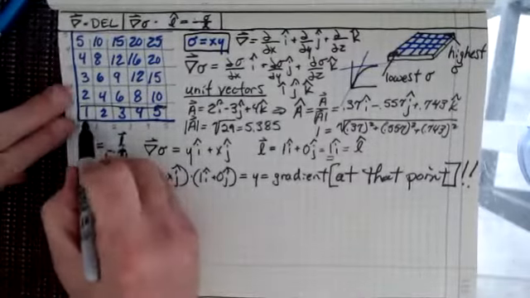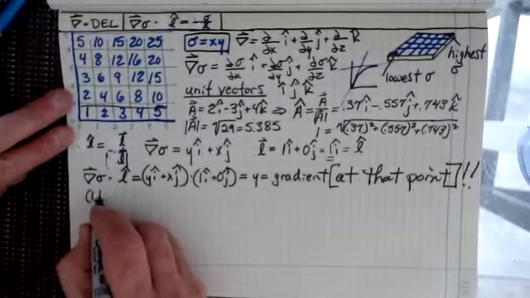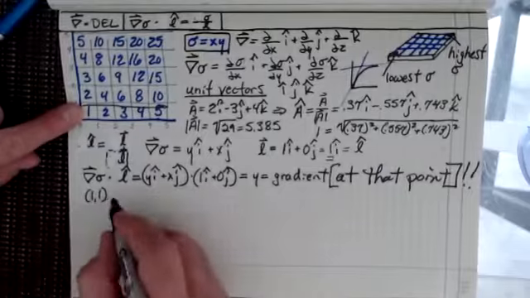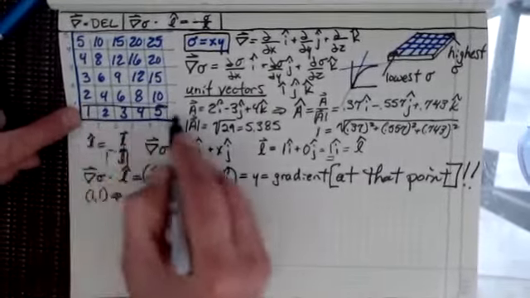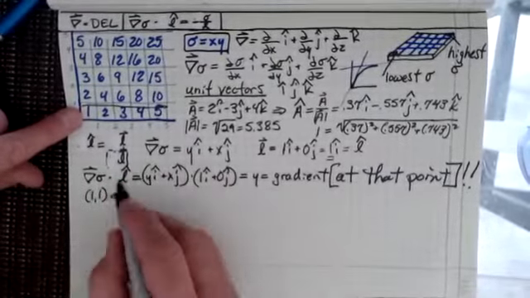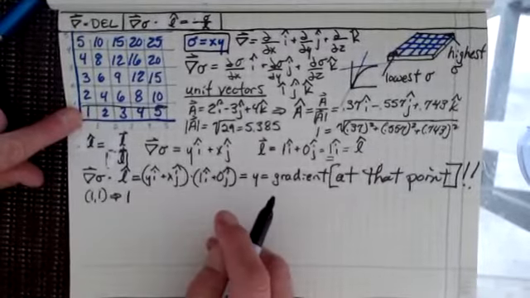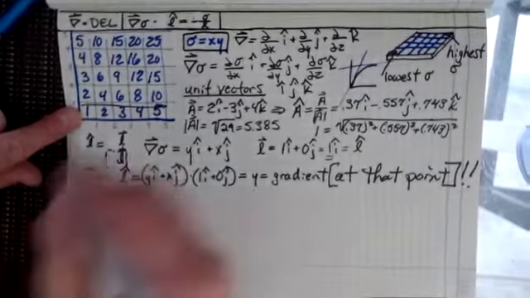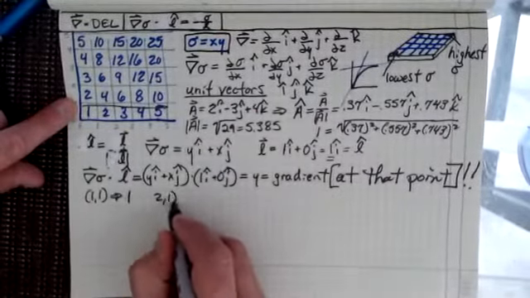So at any point along that line, let's take that first point. Let's take point 1, 1. So at point 1, 1, the gradient at that point going in this direction is going to be y. So it's going to be 1 at that point. Let's go to another point. Let's go to the point 2, 1.